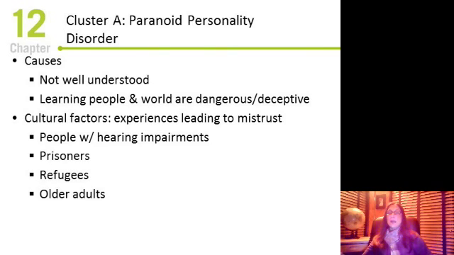So, prisoners, refugees, people with hearing impairments, older adults, they're more susceptible to paranoid personality disorder, right? And that makes sense. Someone in prison is surrounded by people that they have to be aware of, right? They're hypervigilant, always keeping their eyes open. That makes sense.